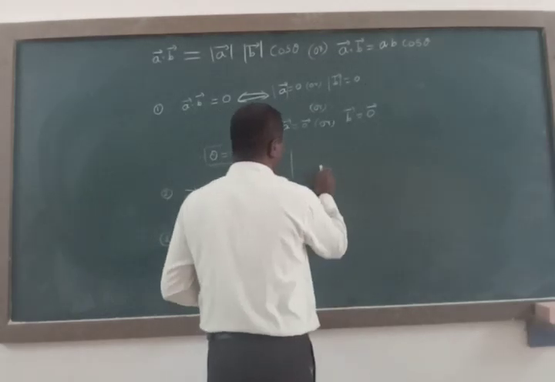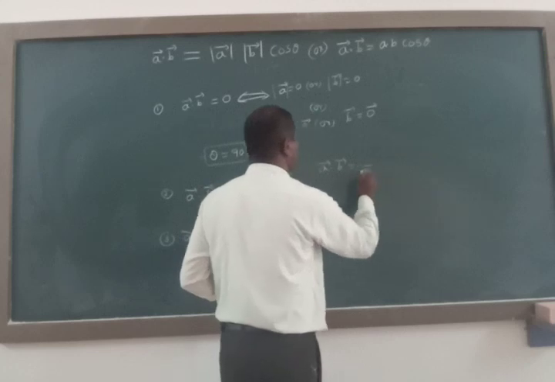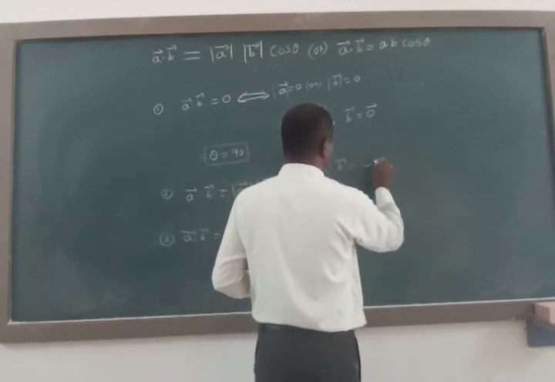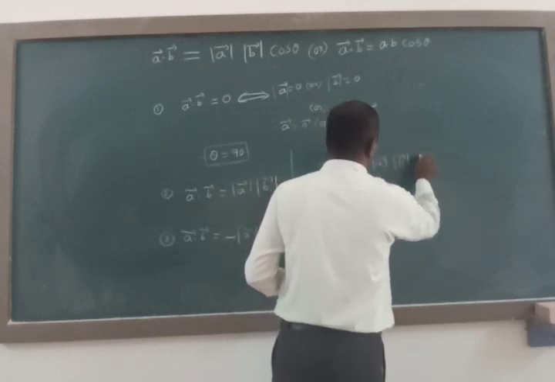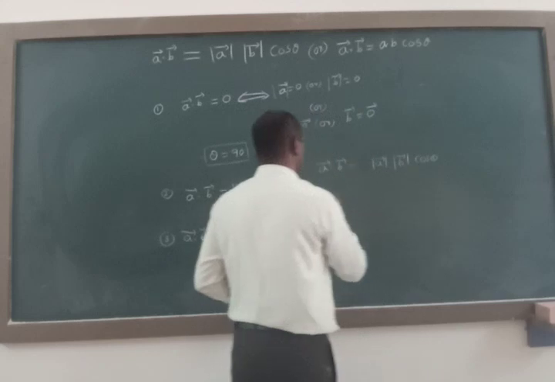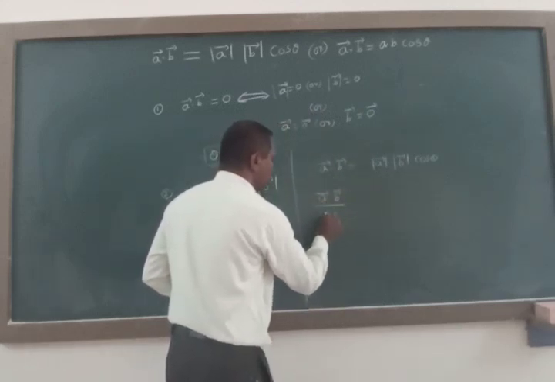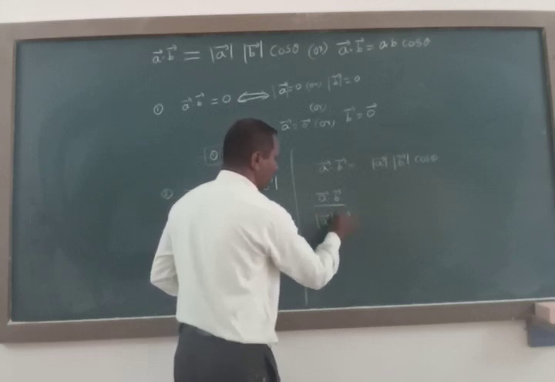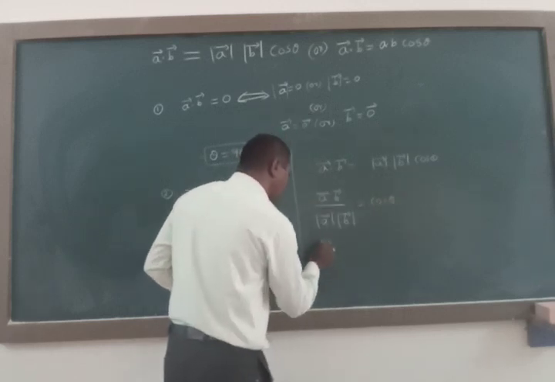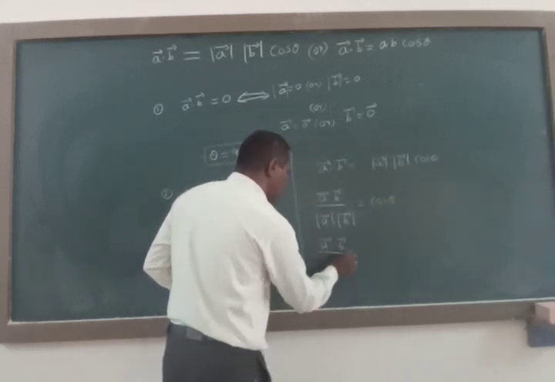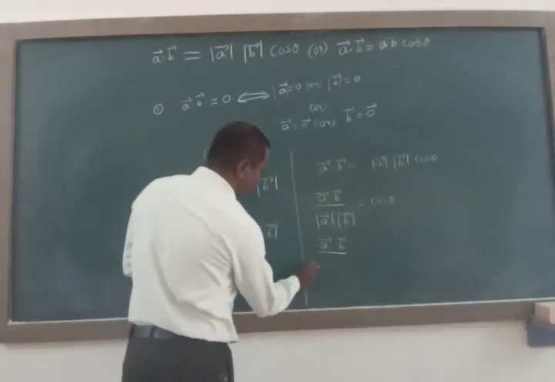a bar dot b bar is equal to minus of magnitude of a bar into magnitude of b bar, which is equal to cos theta. Sending this value here, a bar dot b bar whole divided by magnitude of a bar into magnitude of b bar is equal to cos theta. In this case we can take minus a bar dot b bar.